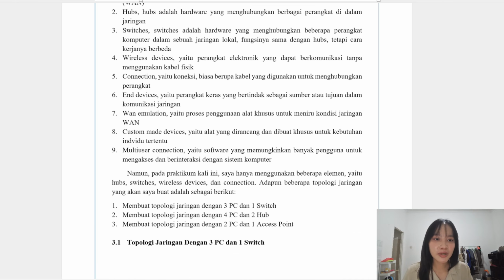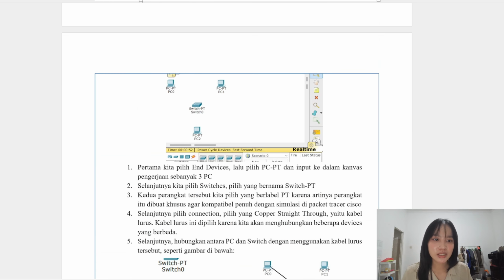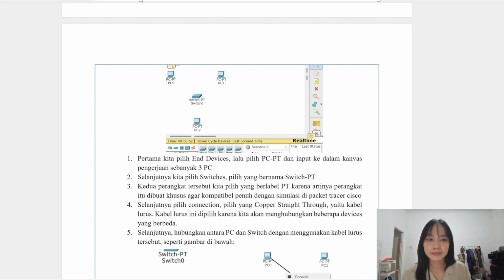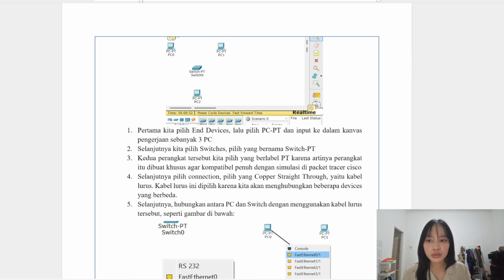And in this practicum, we have three tasks. The first one is creating a network topology with 3 PCs and 1 switch. As you can see on the screen, the first step is we select end device, then select PC-PT and input 3 PCs into the work canvas.